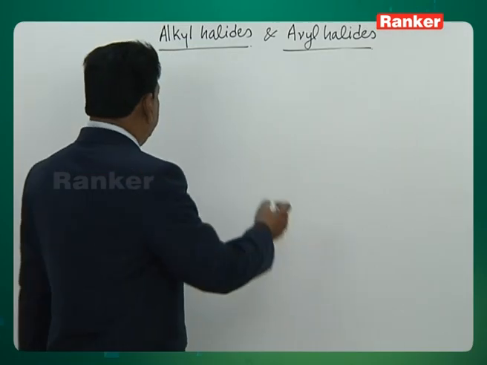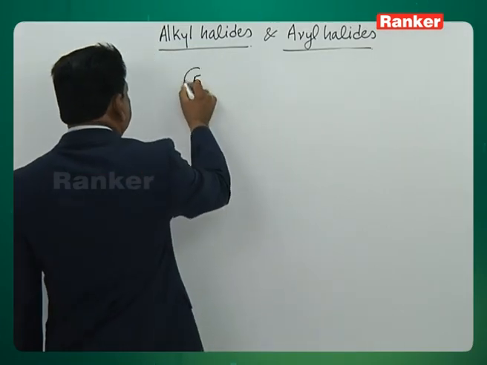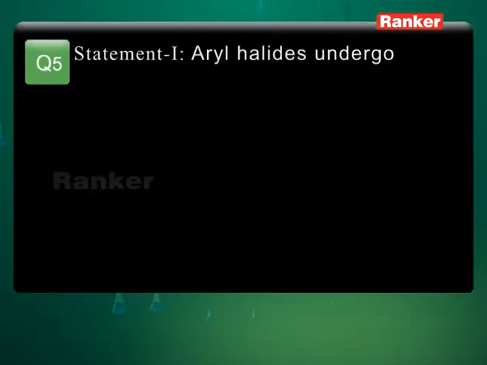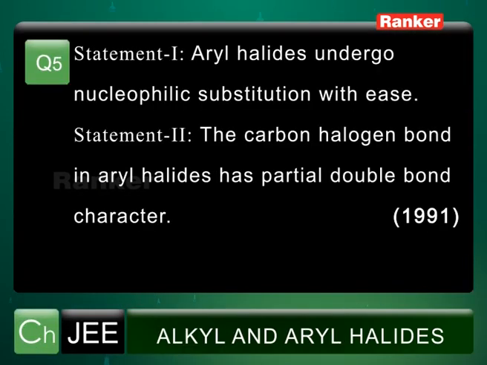So, let us go to the next question, the 5th question. Statement 1 says aryl halides undergo nucleophilic substitution easily, and statement 2 says the carbon halogen bond in aryl halides has partial double bond character.